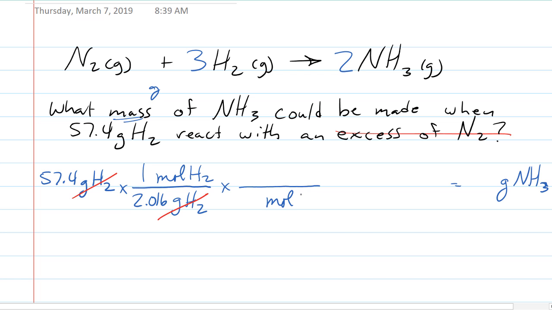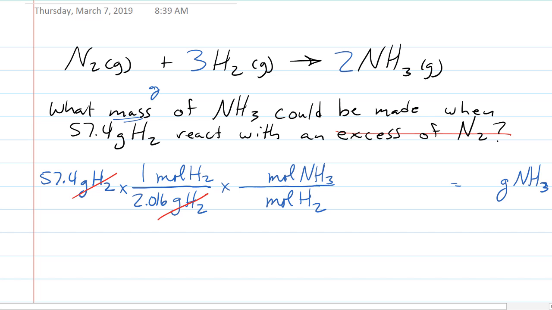Moles of H2. What's going to go on the top? What are we trying to get to? NH3. So it shouldn't be a mystery. We're starting with H2, we're trying to get to NH3, so we want the relationship between NH3 and H2.